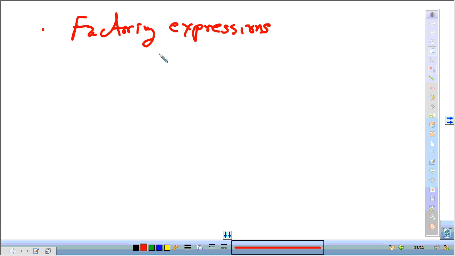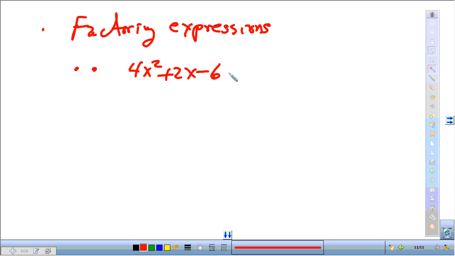Now, let's move to expressions. So I'm going to write 4x squared plus 2x minus 6.